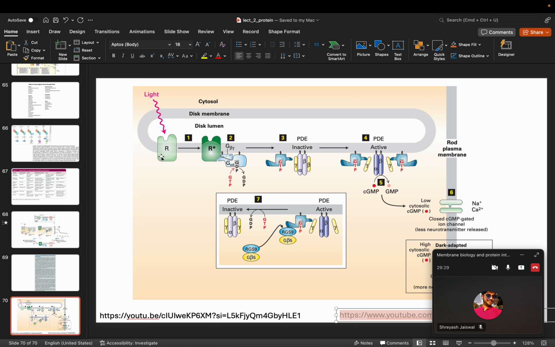For example, one way the diversity comes in, depending upon our vision range, is the number of rod and cone cells, correct? If we take the mouse example, they are nocturnal animals, right? So do they actually need a lot of cone cells to sense color and light?